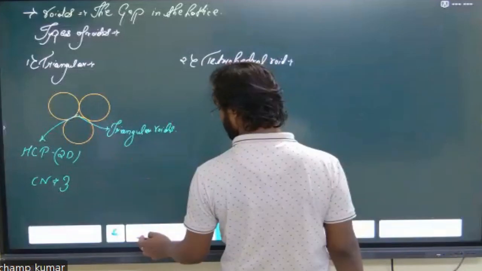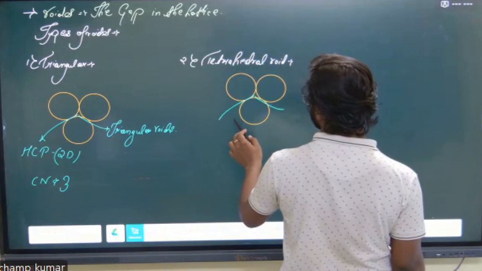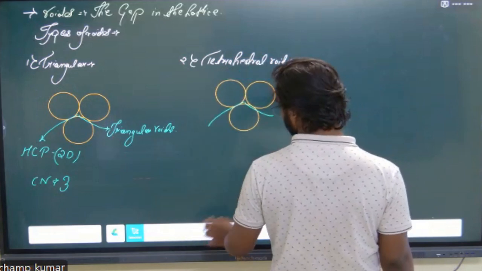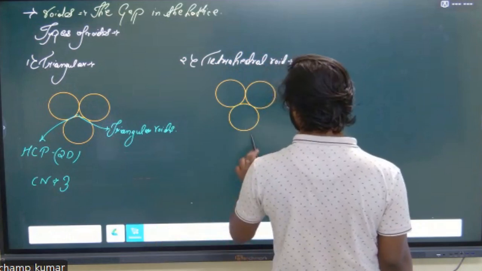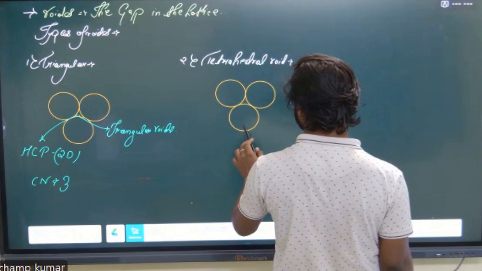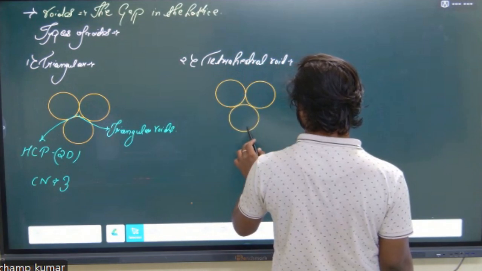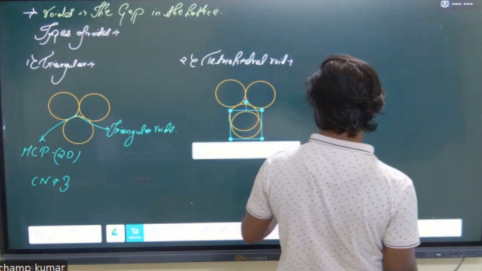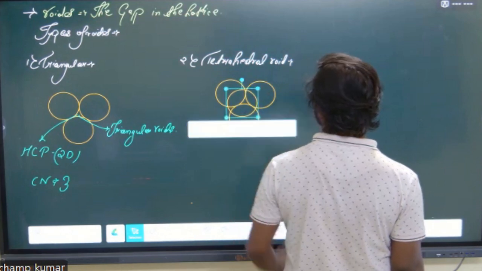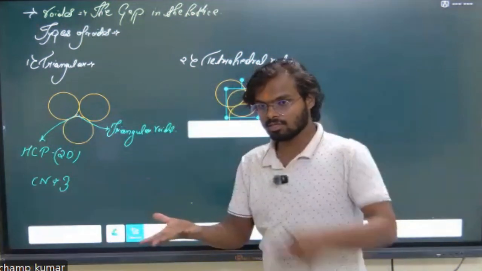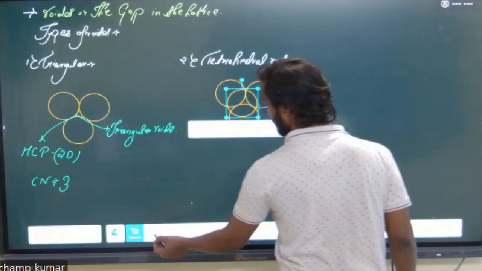I am taking this void, and I am placing one atom above these three atoms like this. Three atoms in one plane, and one atom just above it. So this is called a tetrahedral void.